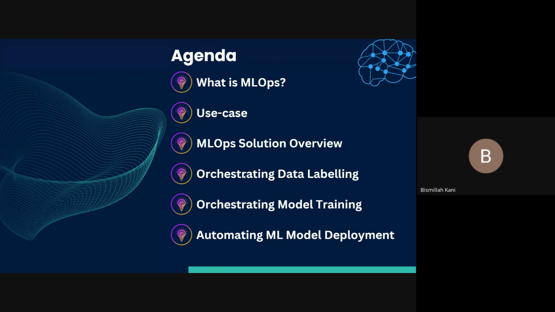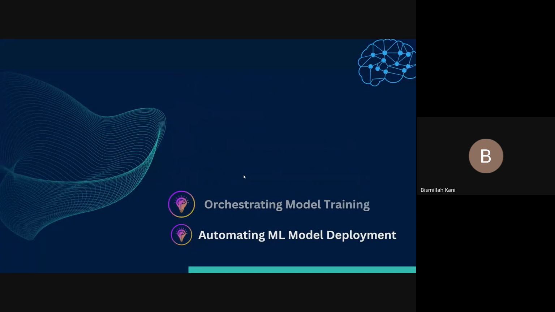We'll understand the use case and why it is important to apply MLOps for such use cases. Then we'll get into the MLOps solution overview and the details of different workflows, like data labeling workflows, model training, and finally how we can deploy this model into the vision. So let's get started.